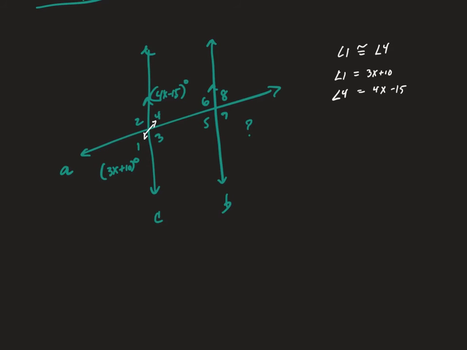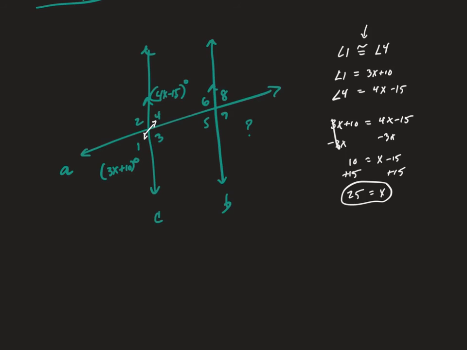So 3x plus 10 is going to be equal to 4x minus 15, and now I solve. I'm going to subtract 3x from both sides, and then I'm going to have 10 is equal to x minus 15. Go ahead and add 15 to both sides, and then x is going to be equal to 25. There you go. There's x.